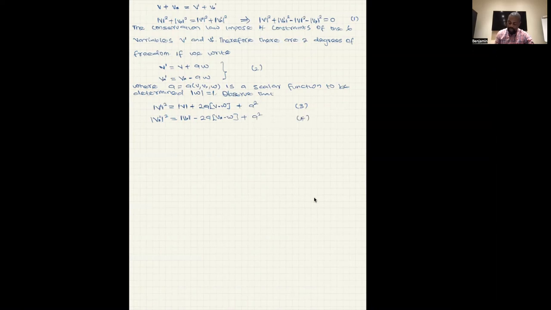Now, adding equations 3 and 4 gives the following.